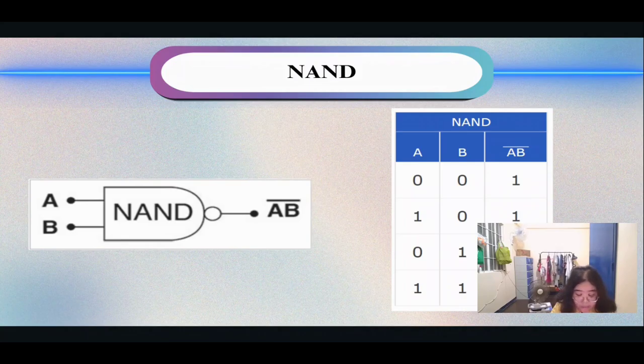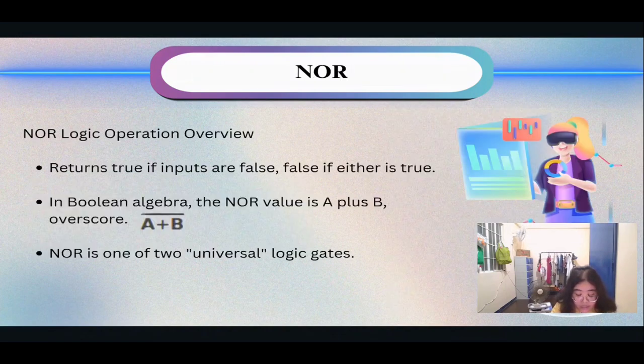Row 3, when A is 0 and B is 1, the AND operation is 0 and the NOT operation on this result gives us 1. Row 4, when both inputs A and B are 1, the AND operation result is 1 and the NOT operation on this result gives us 0.